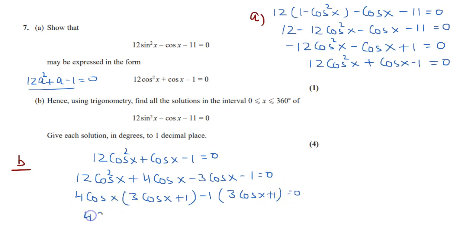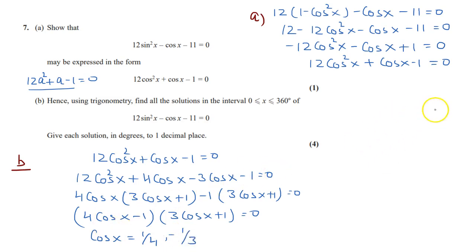So I have 4 cos x minus 1 and I have 3 cos x plus 1 is equal to 0. It shows that cos x is equal to 1 over 4 and minus 1 over 3. These are the two values of cos x.